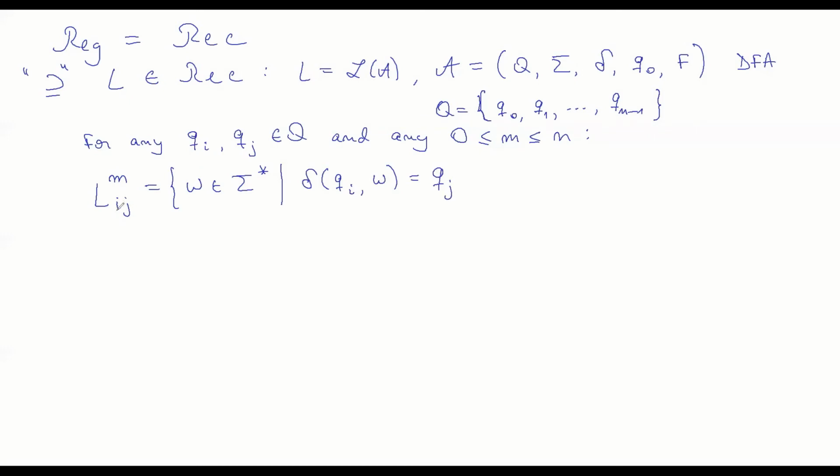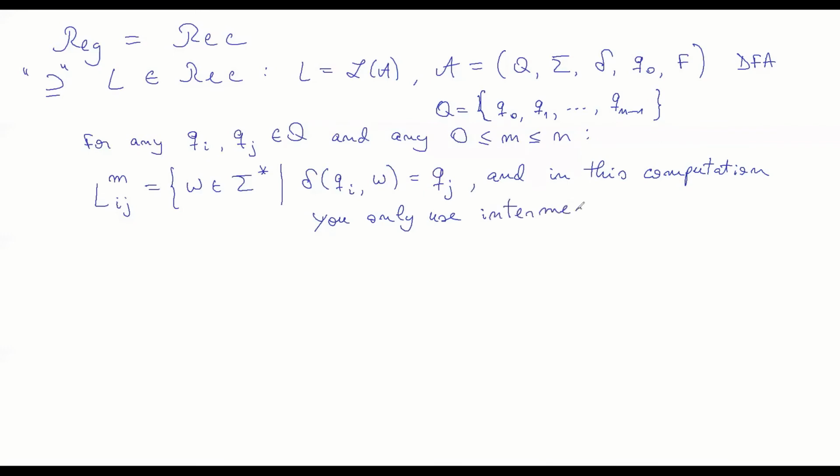So you go from state Qi to state Qj using this input word W. But I'm requiring also something extra: in this computation, you only use intermediate states.